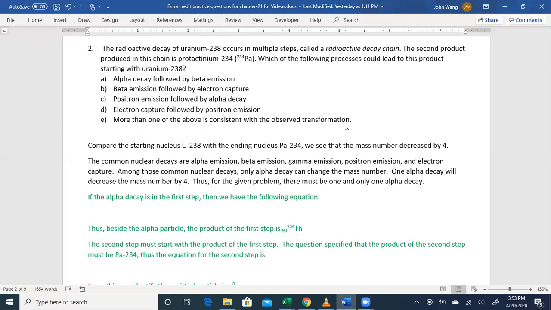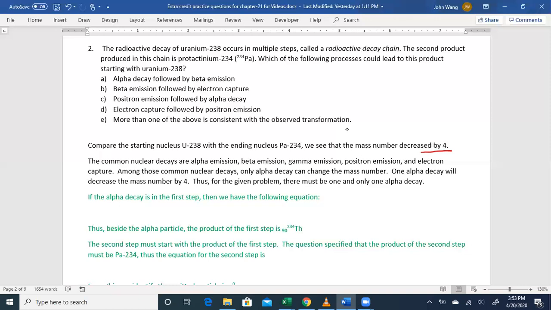Among those common nuclear decays, only alpha decay can change the mass number. One alpha decay will decrease the mass number by 4. So therefore, for the given problem, if the mass number decreases by 4 in two steps, there must be one and only one alpha decay.